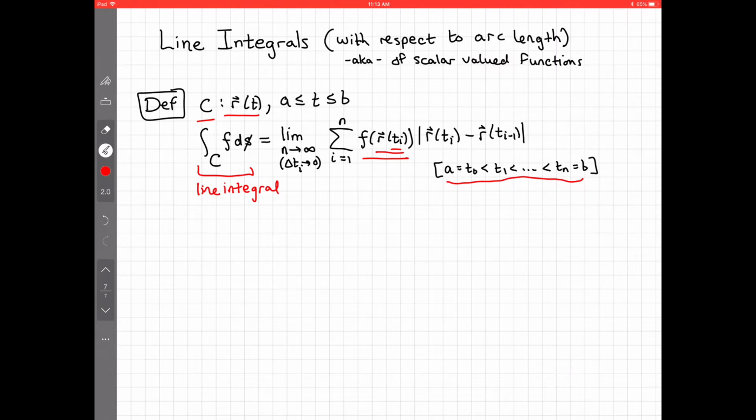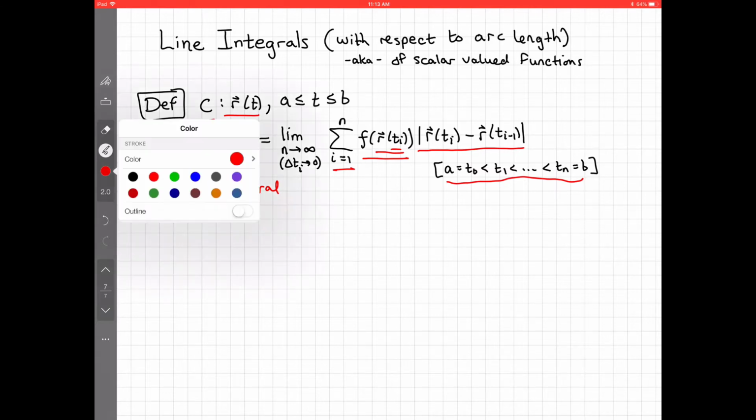That gives us some scalar value. And then we're going to multiply that by a chunk of arc length. So we're taking points along our curve and multiplying f of them by a chunk of arc length, summing that up and taking a limit. And so that maybe doesn't help right now with a good understanding of what this is doing, but we'll come back to that later.